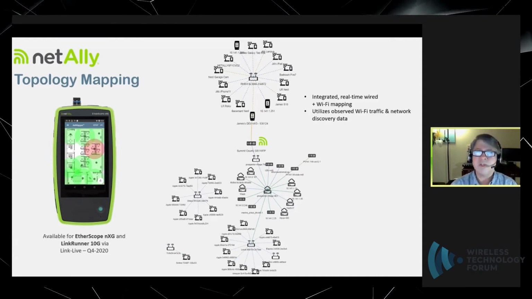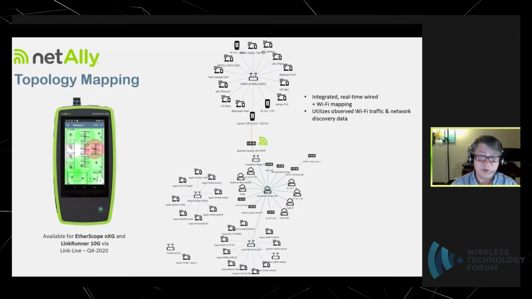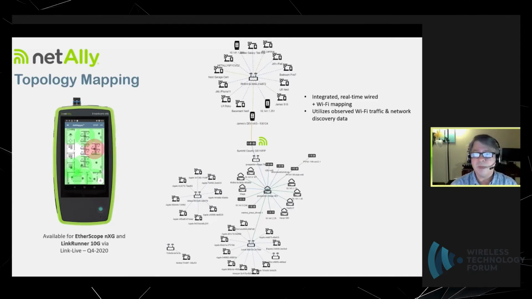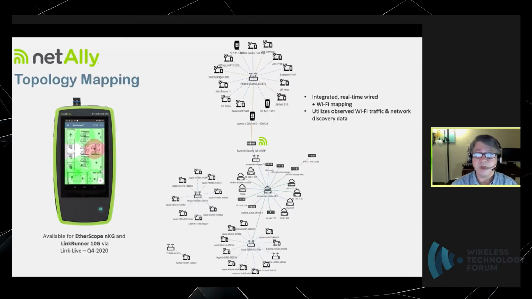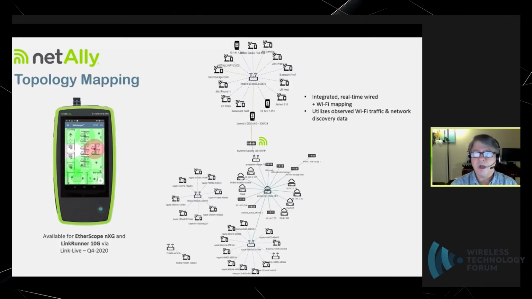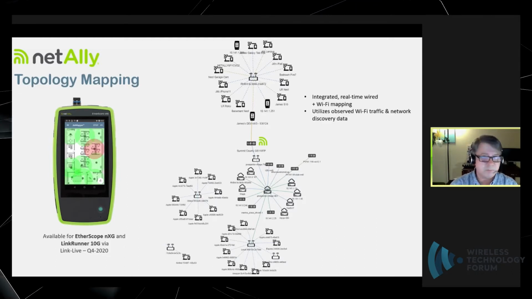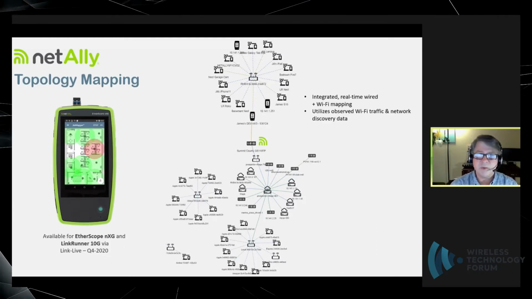Now, the unique part of this is a combined wired and Wi-Fi map of your network. We're going to combine information that we gather from the wired side of the network via SNMP and other discovery capabilities, along with what we're hearing in the air to map out a combined view of your wired and Wi-Fi network. This will be available shortly, probably the week of around October 19th.